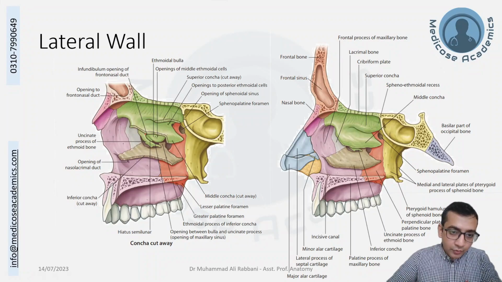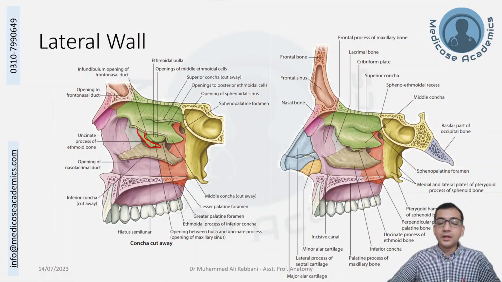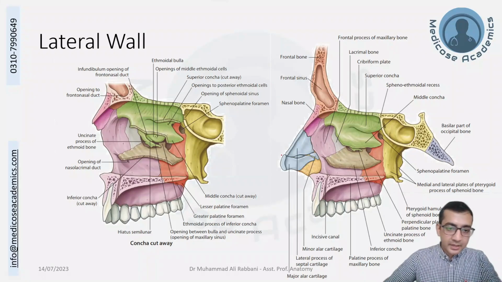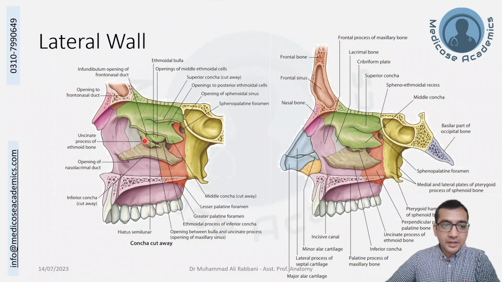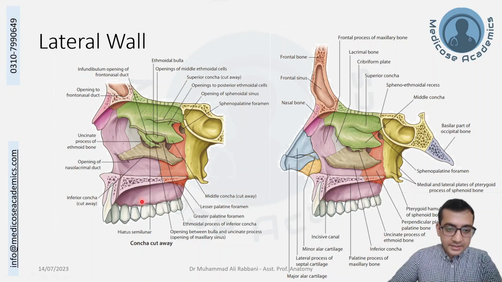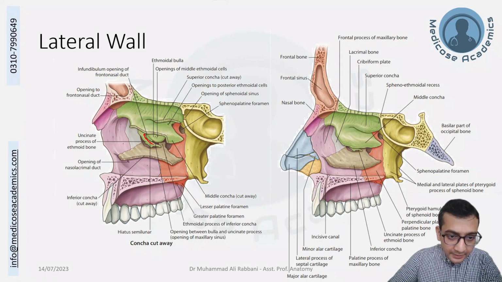And the other thing that we need to focus on is this bony projection. This is known as the uncinate process. We talked about the bulla ethmoidalis behind and the uncinate process anteriorly, and in between the two there is a gap that is known as hiatus semilunaris, the space defined by the uncinate process and the bulla ethmoidalis.